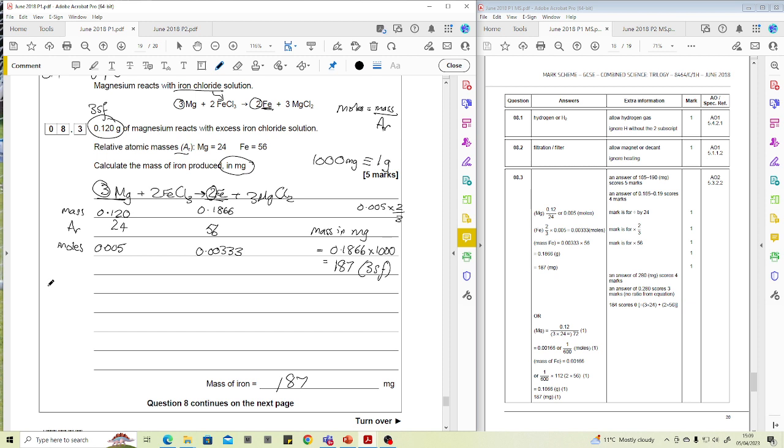Now let's just use our word method as well. So we're going to do moles, ratio, moles, and then something else we have to do at the end this time is mass in milligrams. Moles of magnesium equals 0.120 divided by 24.